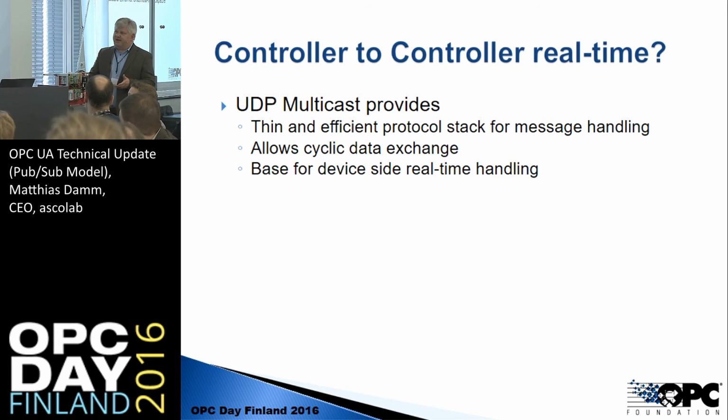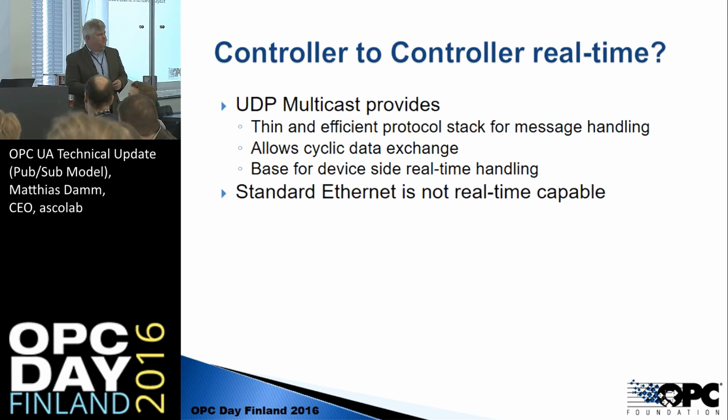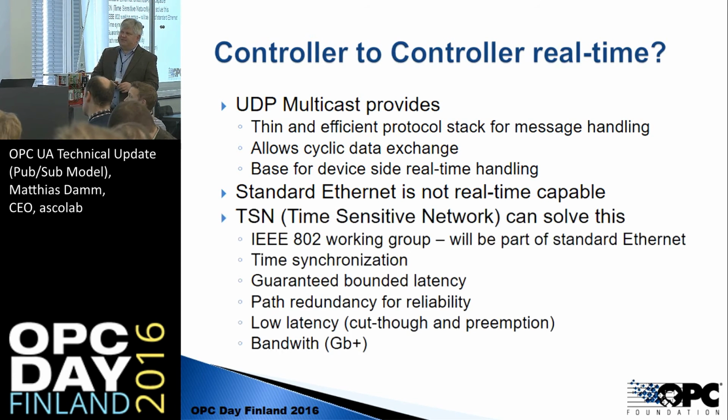The problem today is that standard Ethernet is not real-time capable, and we don't want to come up with another incompatible extension to Ethernet. The reason we think we can now solve that problem is a working group inside IEEE called the Time-Sensitive Networking Task Force, which is working on extensions that make standard Ethernet real-time capable.